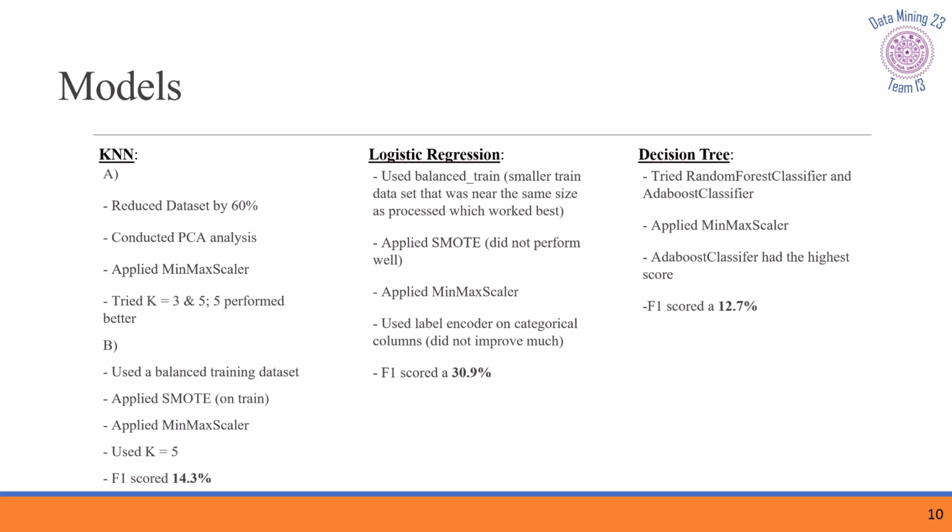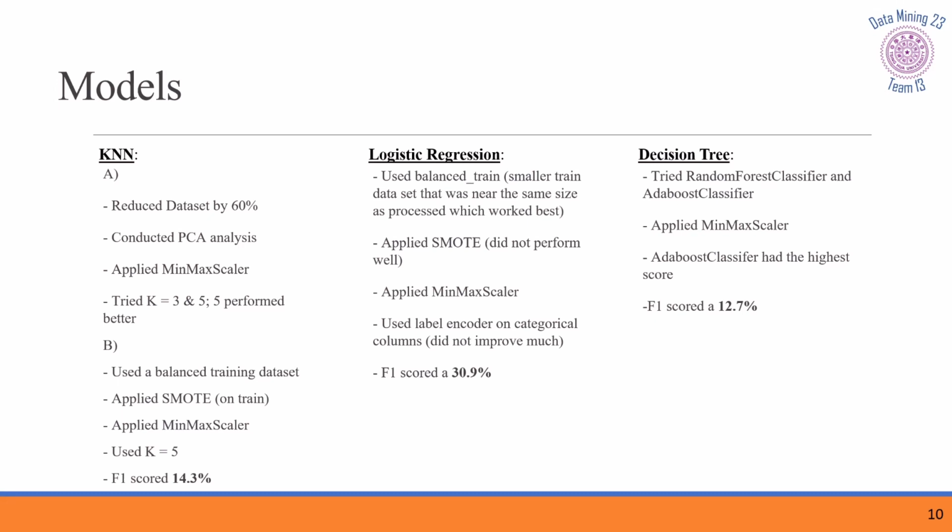We applied label encoder on the category columns, but that also didn't improve much. And we got a final score of 30.9%. And we also tested with decision tree with random forest classifier and AdaBoost classifier.